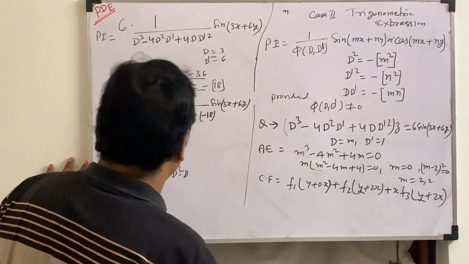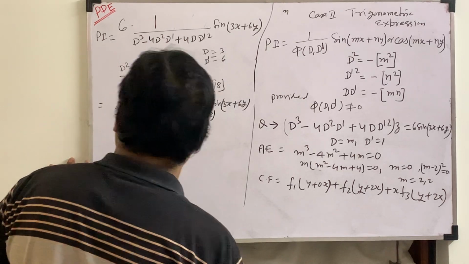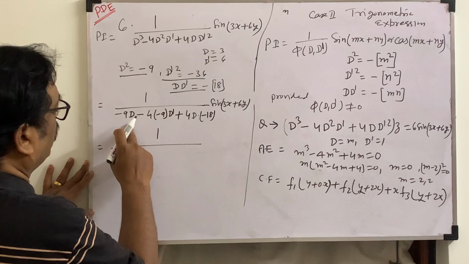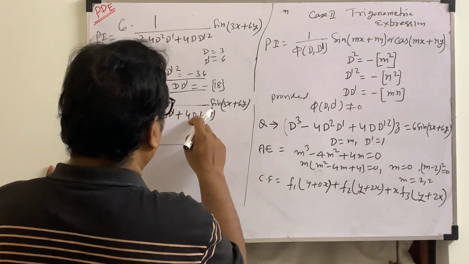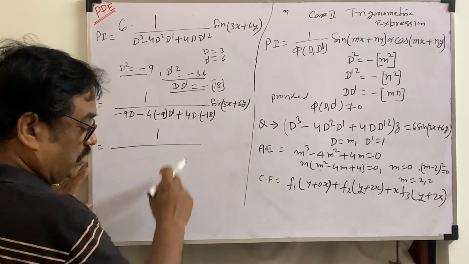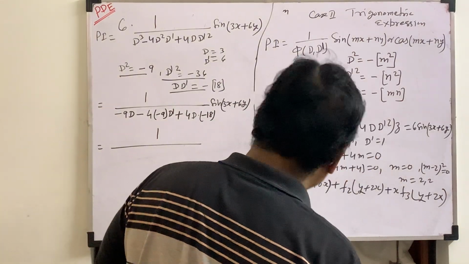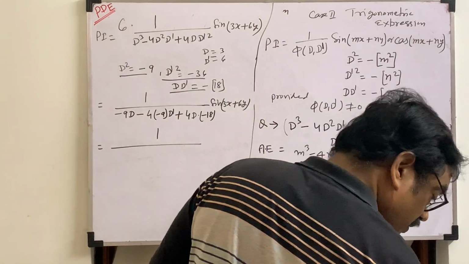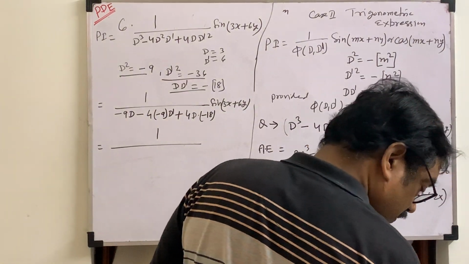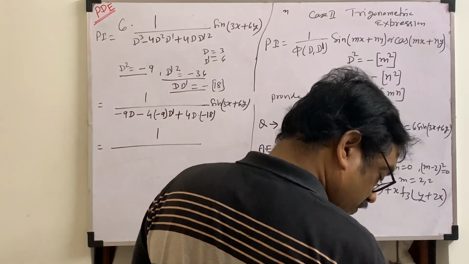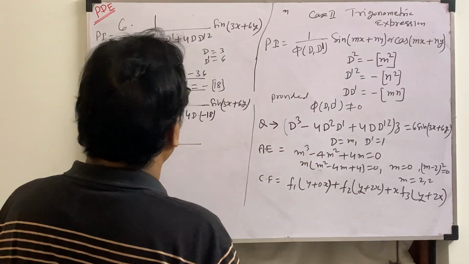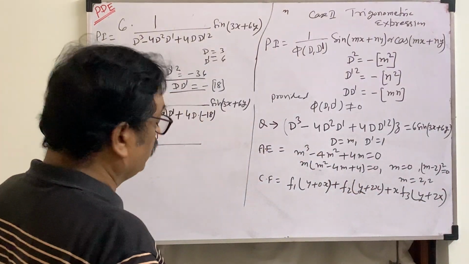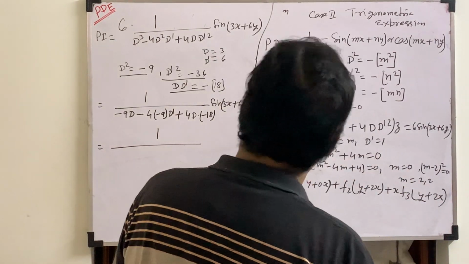Now this will solve. Minus 9D, anywhere D is there? 4 into 18, how much?